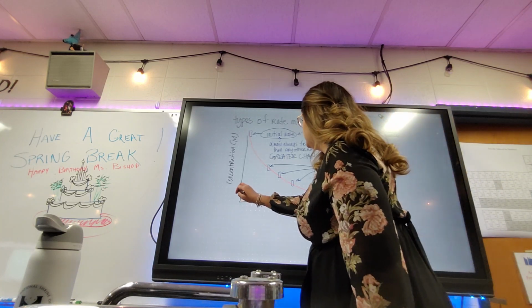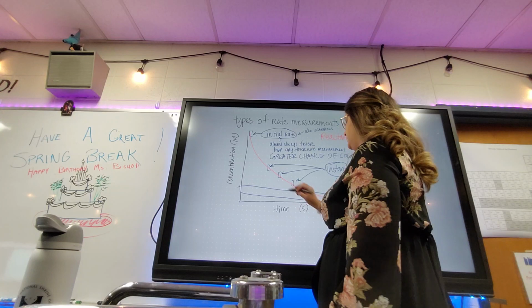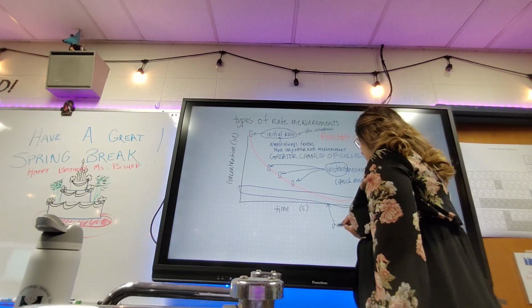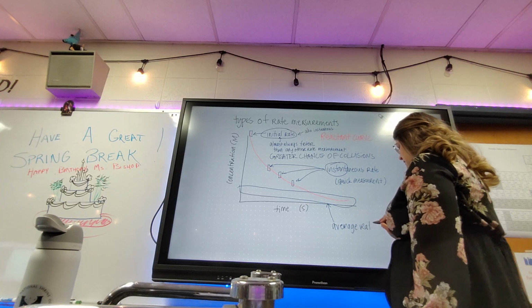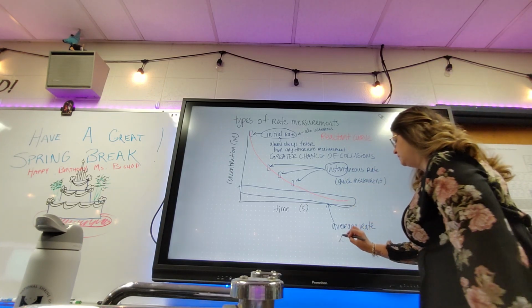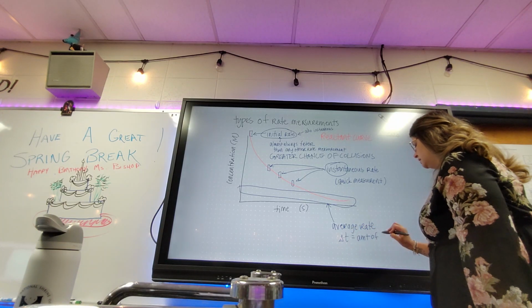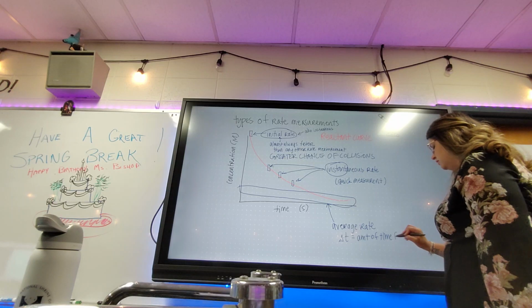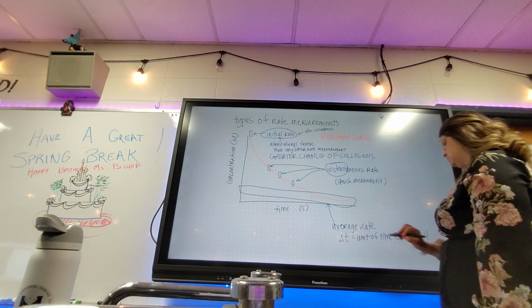And then the last kind of rate, I'm just going to circle it down here on the bottom, is called the average rate. And what's special about the average rate is that your change in time equals the amount of time for the full duration of the reaction.